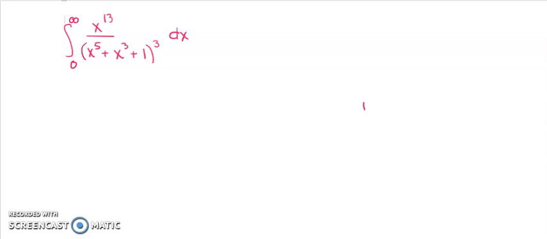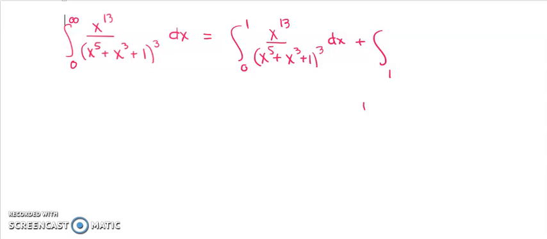So I'm going to break it up first of all. I'm going to say that this is equal to the integral from 0 to 1 of x to the 13th over (x to the 5th plus x cubed plus 1) cubed dx, plus the integral from 1 to infinity of x to the 13th over (x to the 5th plus x cubed plus 1) cubed dx.